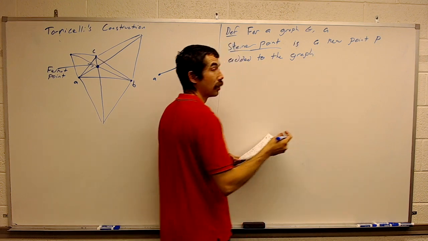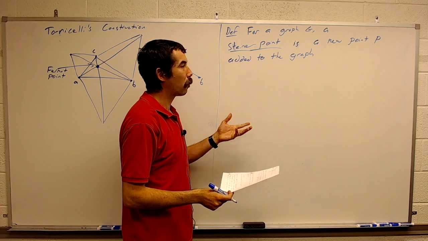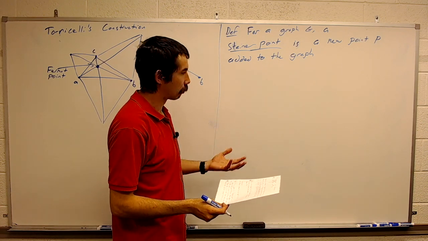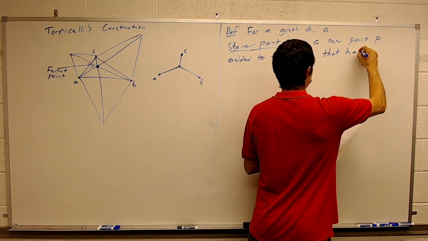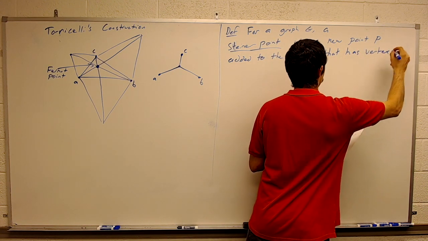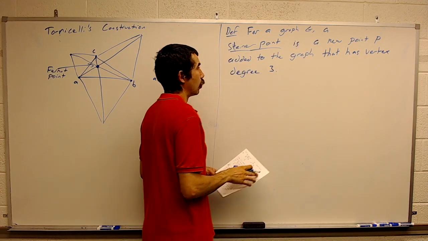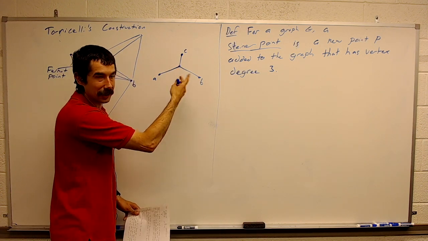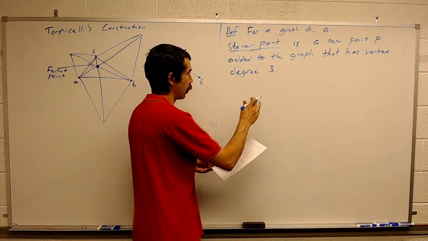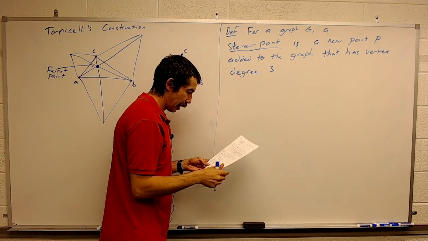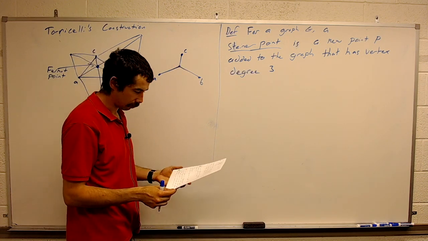So we're adding new vertices to the graph. And this new point is going to have vertex degree 3. It's going to look like this, right? Basically, you could picture Fermat points as Steiner points. It has vertex degree 3, and each of these angles is going to be 120 degrees.